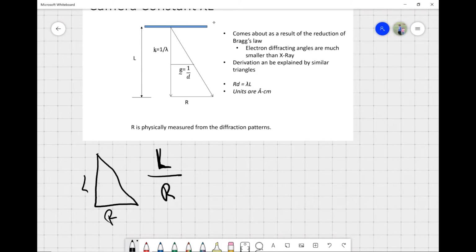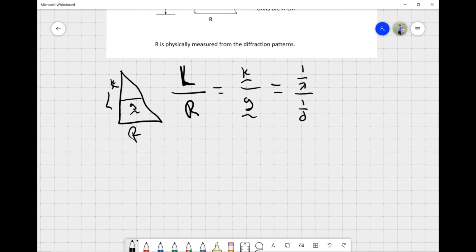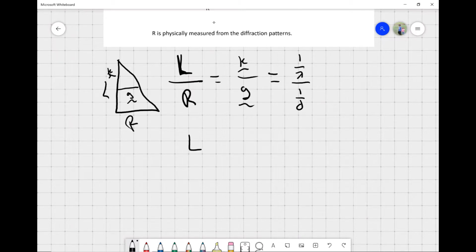And then we have our little baby triangle here, which is K and G. So we can say L over R equals K over G equals 1 over lambda over 1 over D. And so we can rewrite now L over R equals D over lambda, because of how this goes down and this actually kind of goes up because you're dividing by a divider.